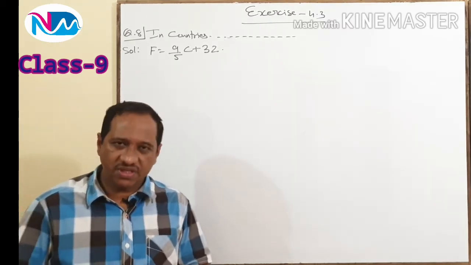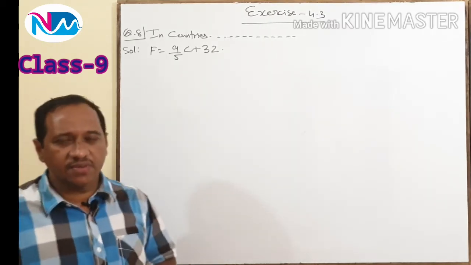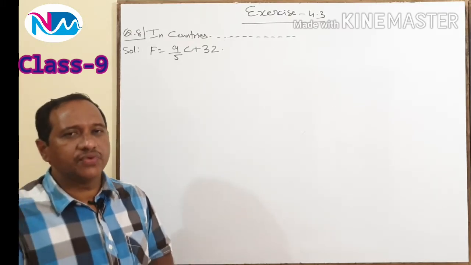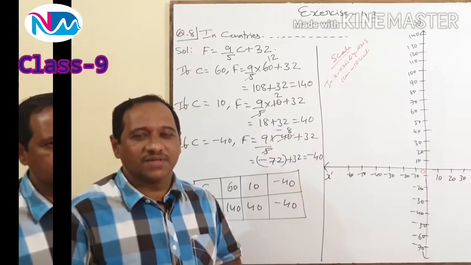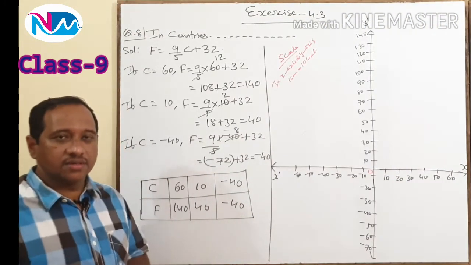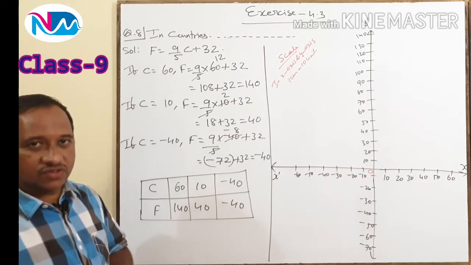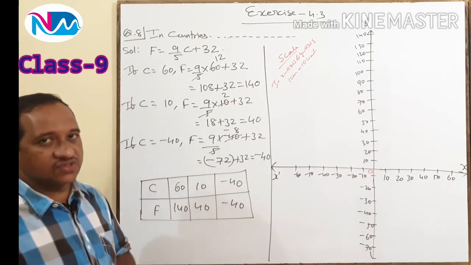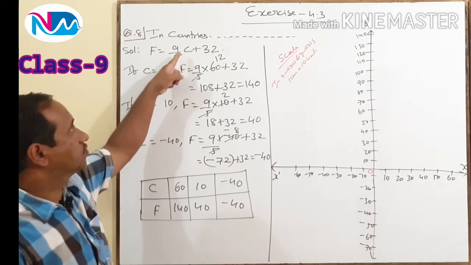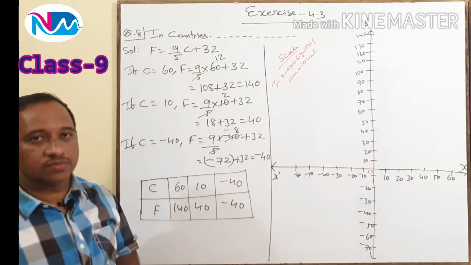Here we have to represent this linear equation in two variables in a Cartesian plane and also to answer few questions given. According to the question, the relation between F Fahrenheit and C Celsius scale is given by F is equal to 9 by 5C plus 32.